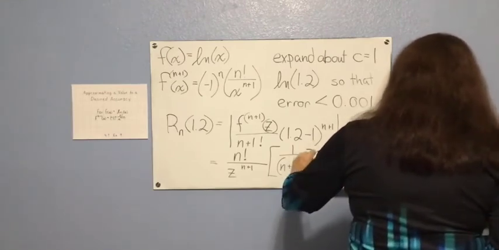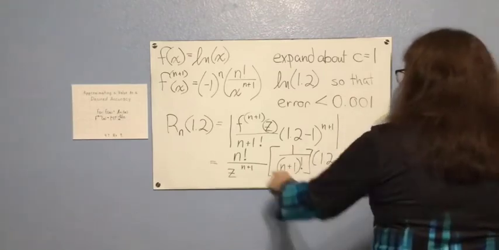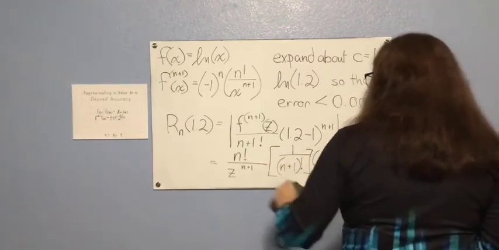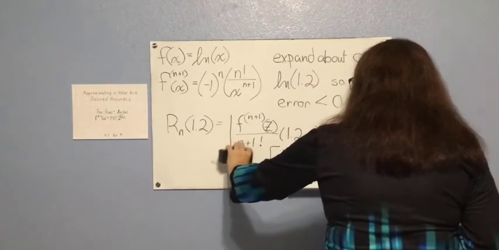Now the n factorial and n plus 1 factorial are going to cancel each other out.